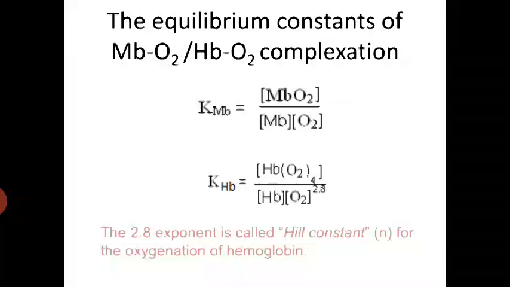Myoglobin is largely converted into oxymyoglobin even at lower concentrations of oxygen. On the other hand, hemoglobin displays a sigmoidal curve. That means the curve is S shaped, and this curve means that hemoglobin has a lower affinity for oxygen when compared with myoglobin.